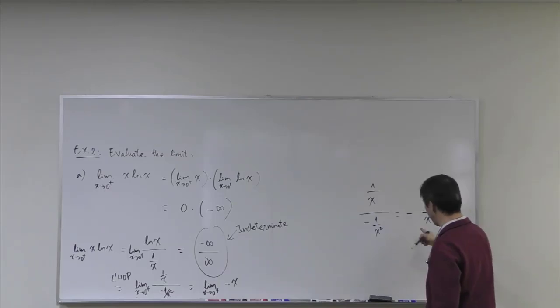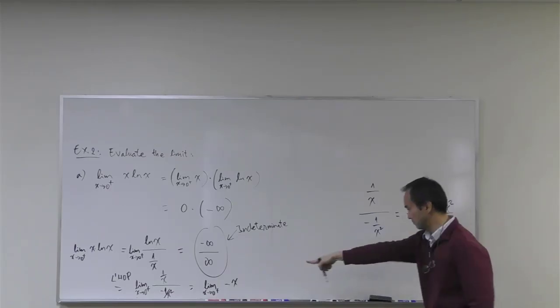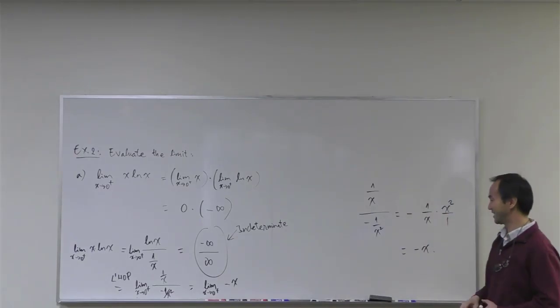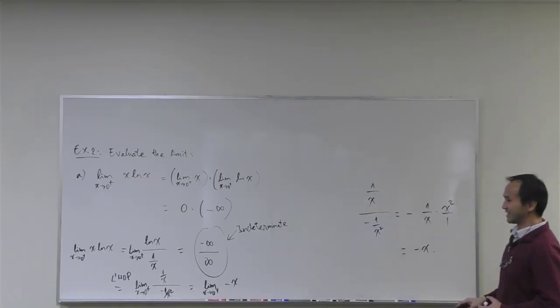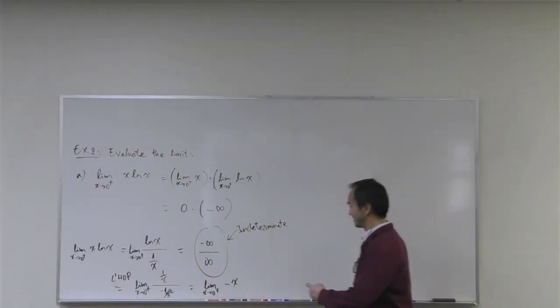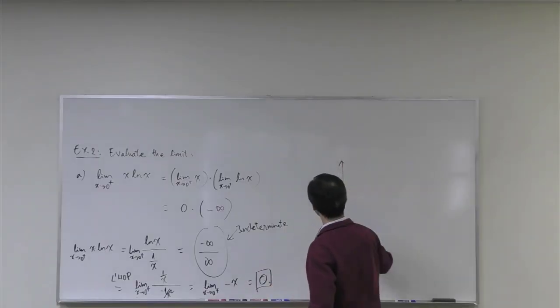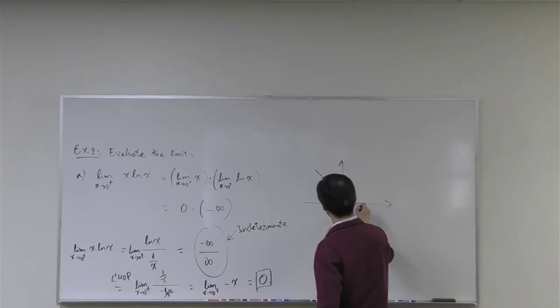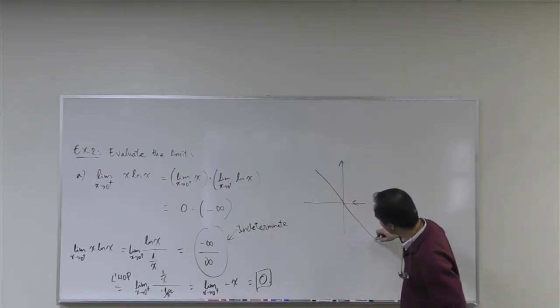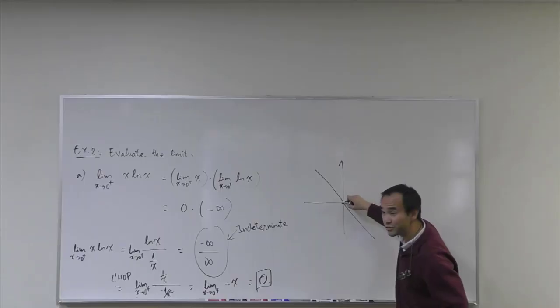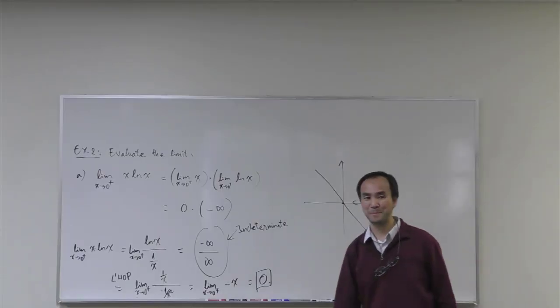The x squared cancels with the x, making it minus x. That's why I got that. So that's some algebra. That gives me simply 0, because the function minus x goes like this. As you're getting close to 0 from the right-hand side, it comes back to 0 for the y value. Okay?